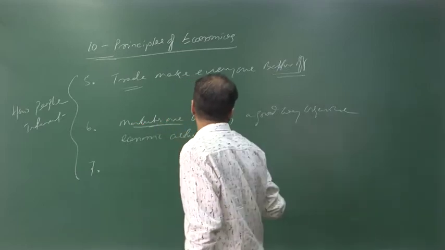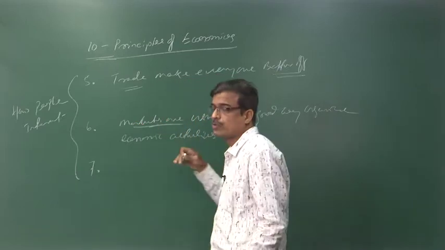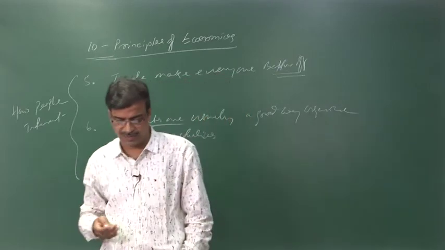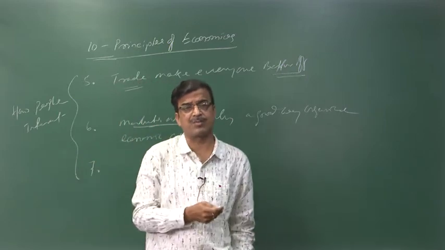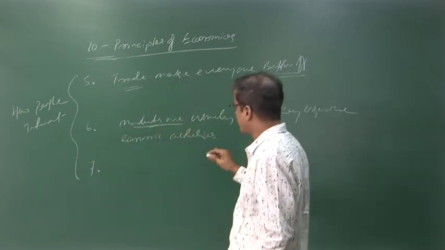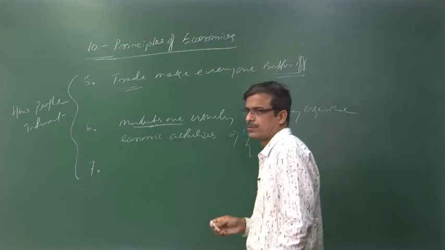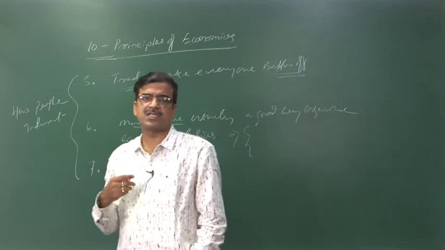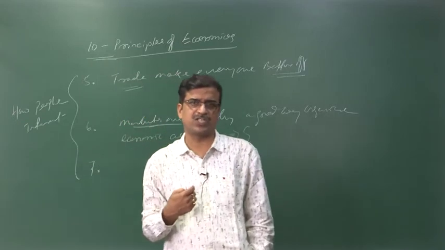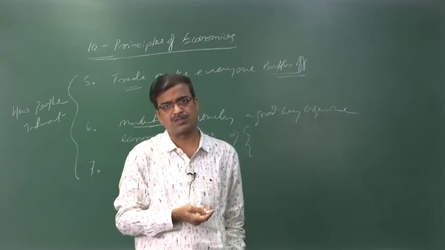Markets are usually a good way to organize the economic activities. What is organizing the economic activities? Here the point tells us what type of economy it is, whether it is a capitalist economy, a socialistic economy, or a mixed economy.